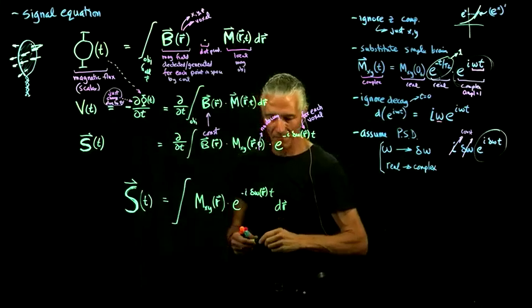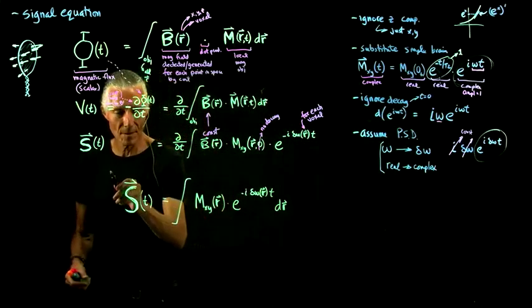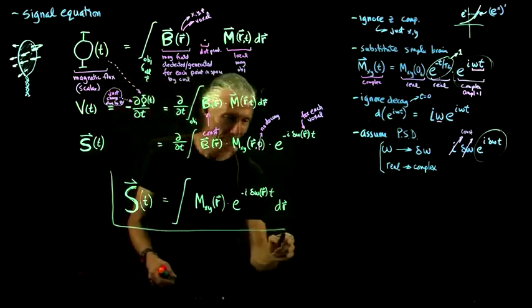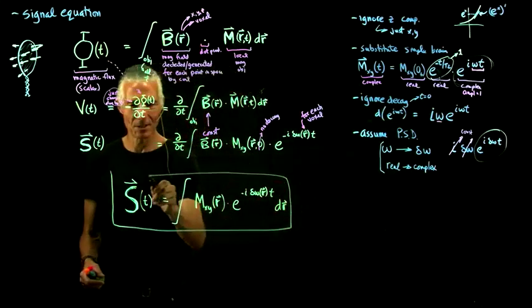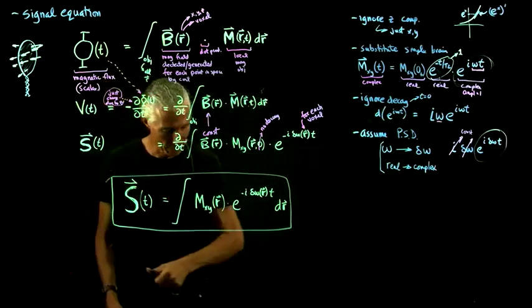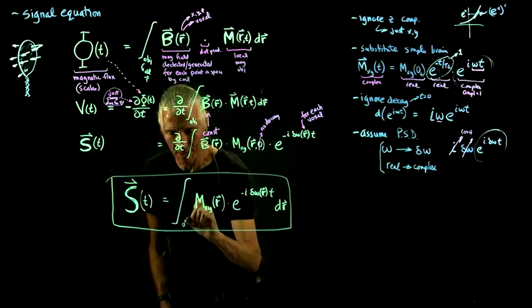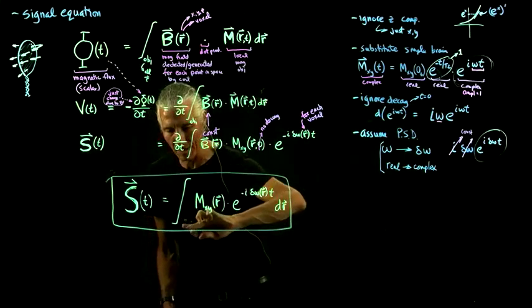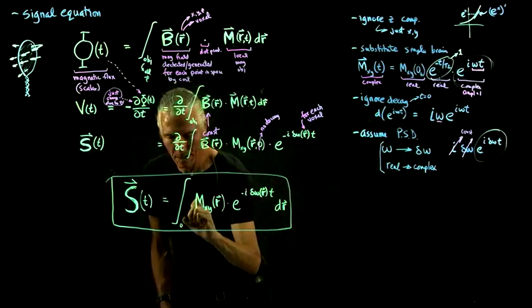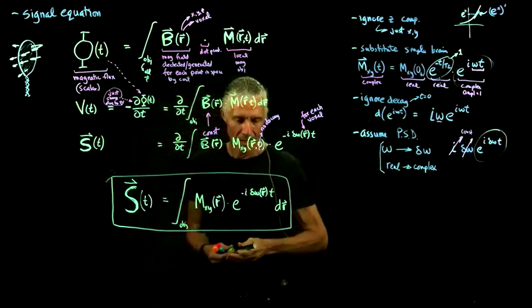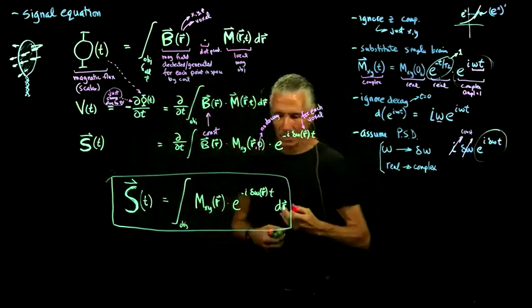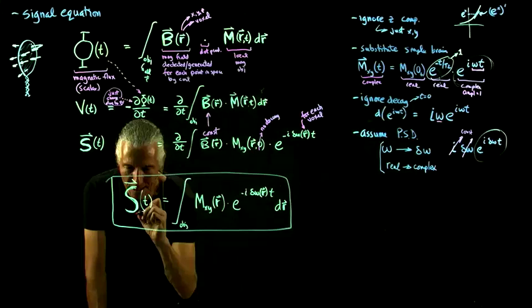Okay, so that's our final signal equation, summing across the object. So let's just look at this. This signal is a complex signal, so it's got a real and imaginary part.